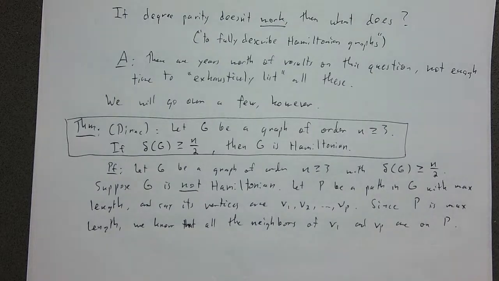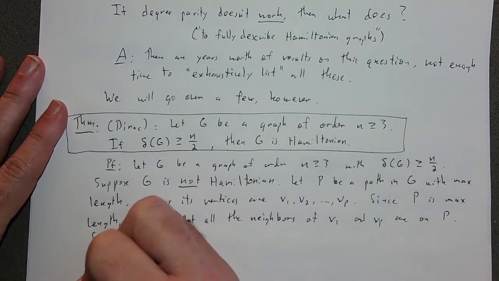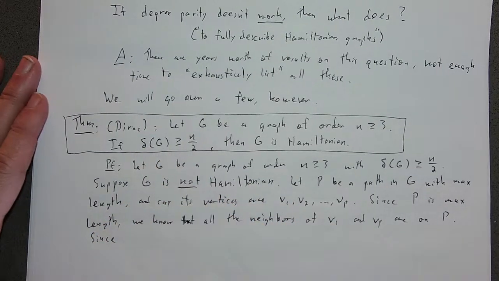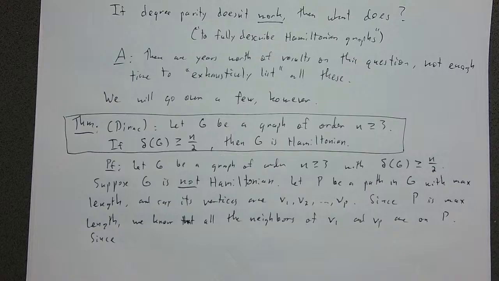Okay, so where have we used this assumption that minimum degree is greater than or equal to n over 2? That's where we're about to use it now.